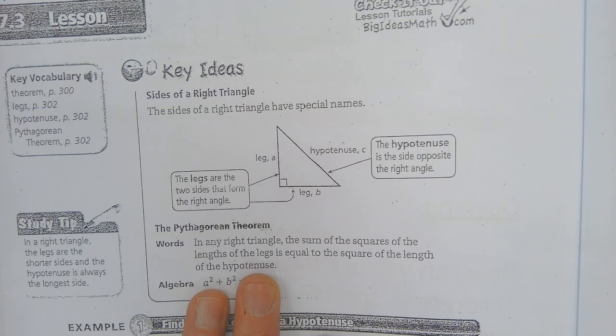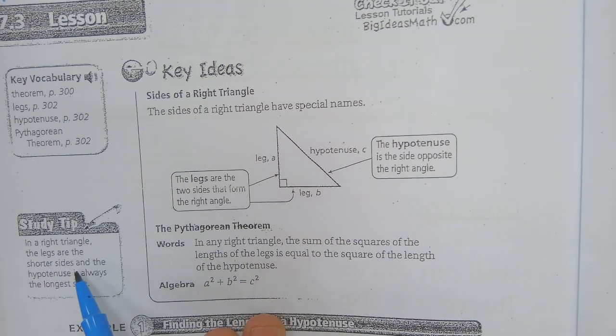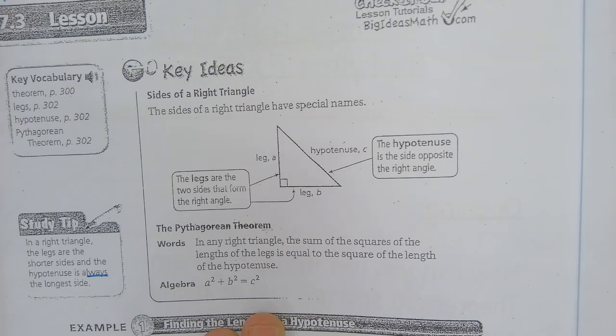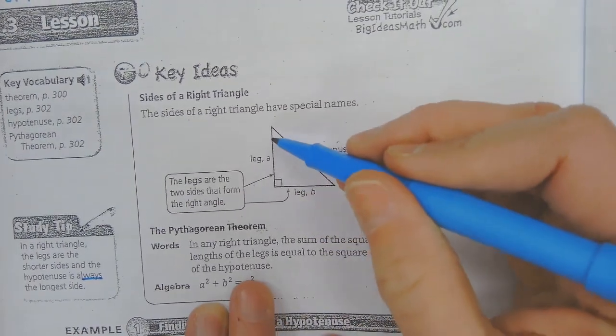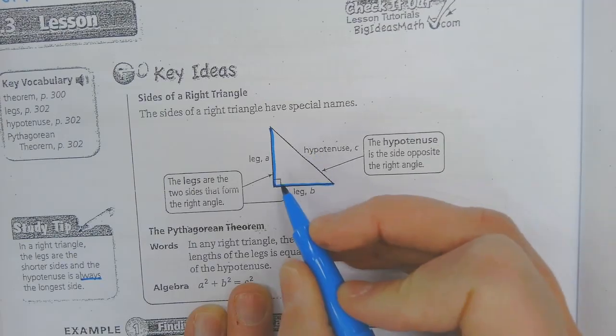So I know that a lot of you, when you come in here, have already heard of Pythagorean theorem. This works for right triangles. In a right triangle, the legs are the shorter sides, and the hypotenuse is always the longer side. The sides of a right triangle have special names. So this one and this one are the legs.